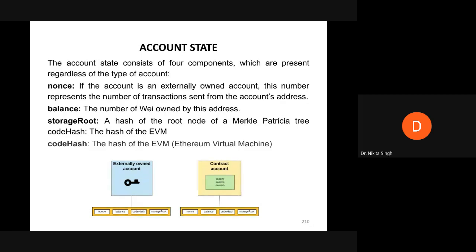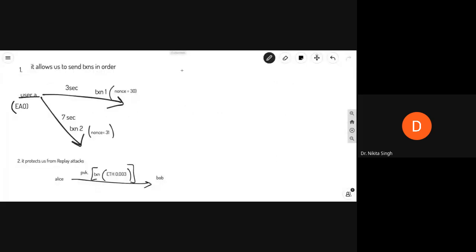So we have ether, which is the cryptocurrency associated with Ethereum. But let us take an example here.